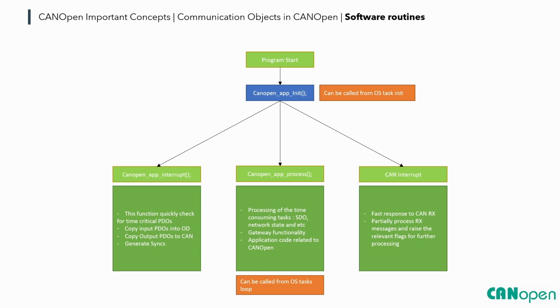But in STM32 specifically, we have this routine. When the program starts, we have this CANOpen app init, which initializes different parts of the stack, and then we have 3 routines and functions that run kind of concurrently.